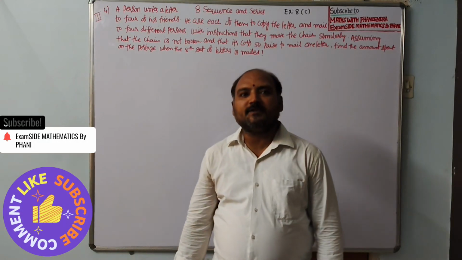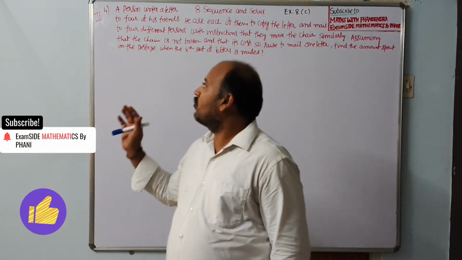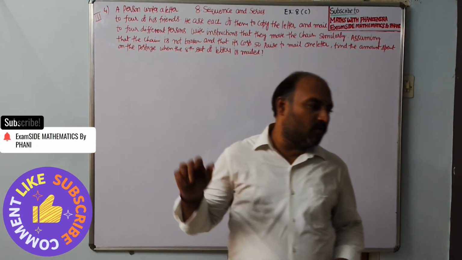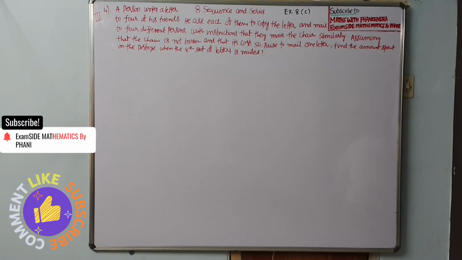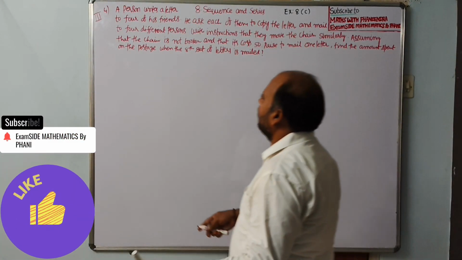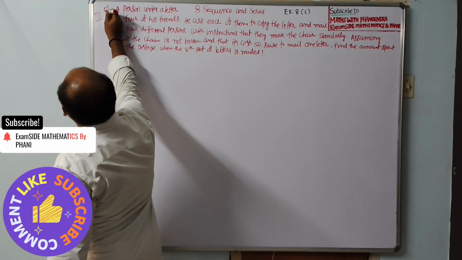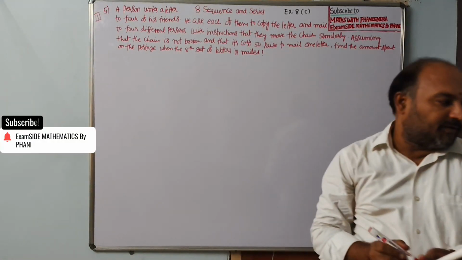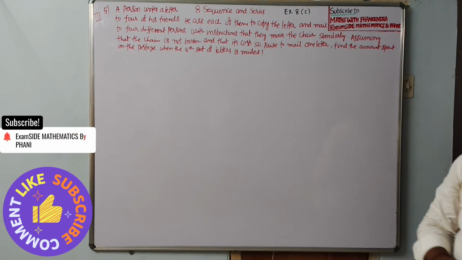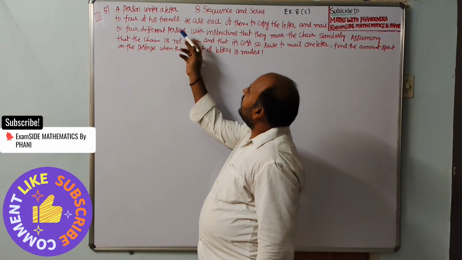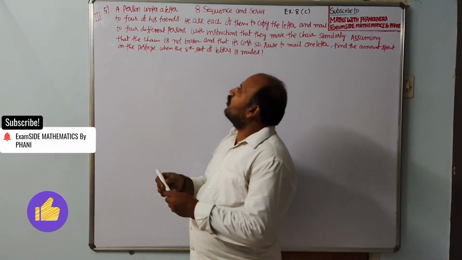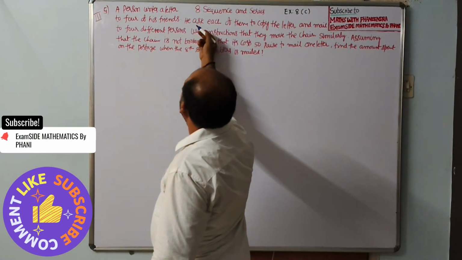Here from sequence and series, dear students, this is not question number 4, it is question number 5. Here I forgot to write. Question number 5, dear students. A person writes to 4 of his friends.